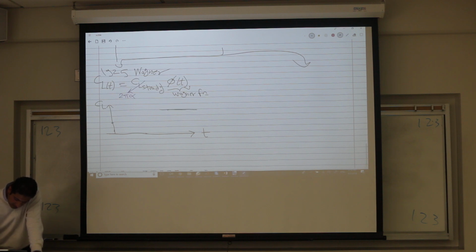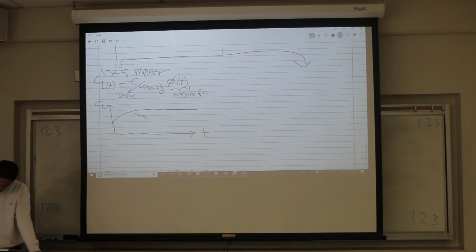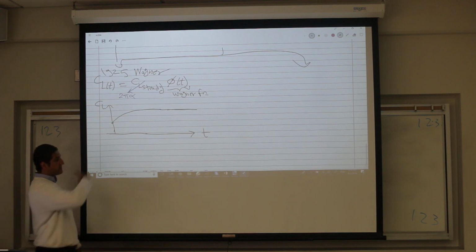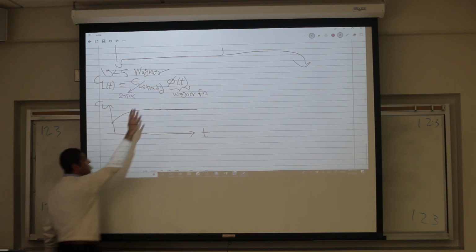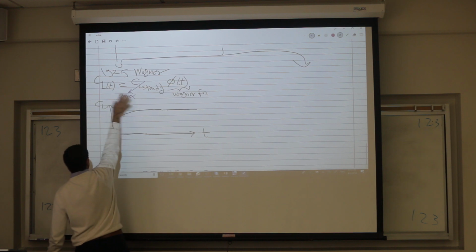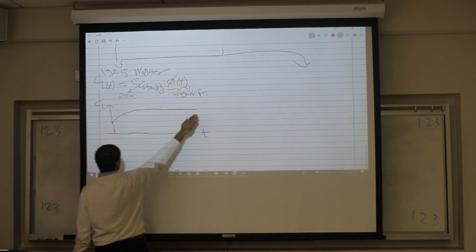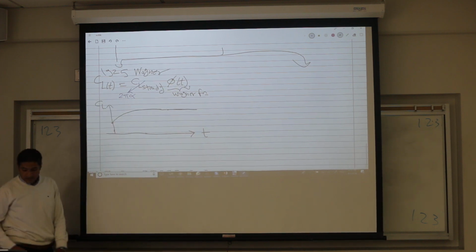There is a function that gets you from here to there. This is the unsteady response, which is phi of t. So you can see that phi of t goes to 1 as t goes to infinity, right? So 1 multiplies this steady value so that the unsteady lift recovers the steady value after some time.